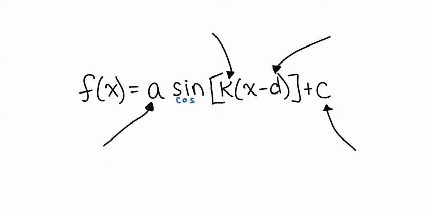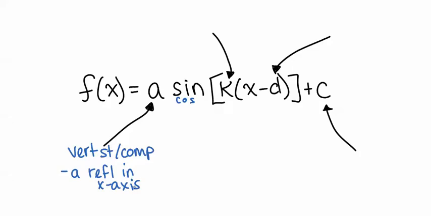Okay, so first let's deal with A and C. Those values are things that will affect your y values. So A is our vertical stretch or compression, and if A is negative, we've got a reflection in the x-axis. So that's what A is doing to our graph.